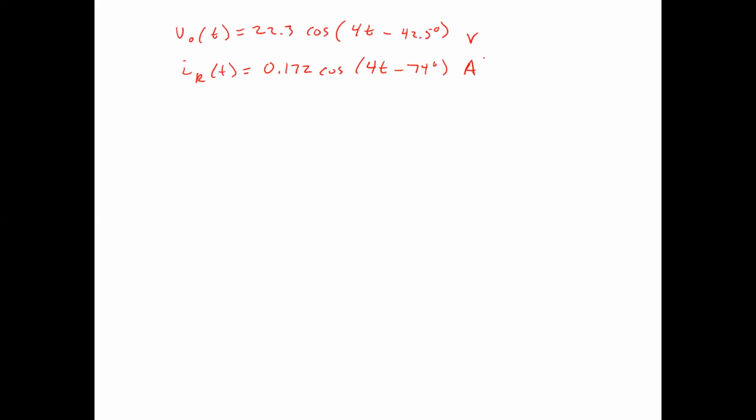So we did all that to get those two values for the output voltage and the current through the resistor as a function of time by going into the phasor domain and then going back when we're all finished.